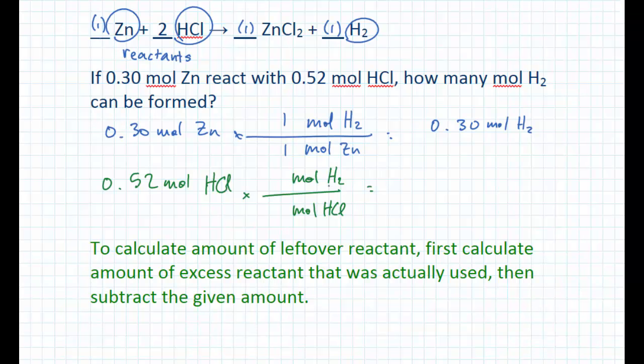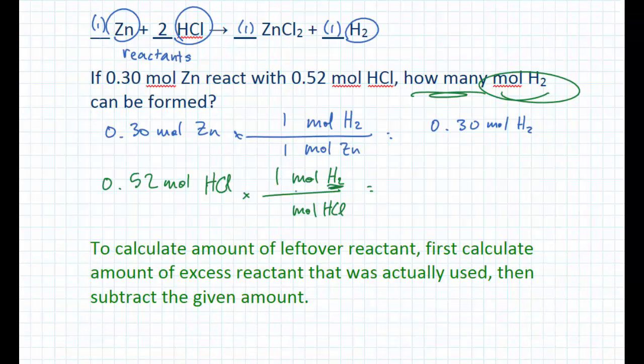Don't forget, you're always ending in the unit of whatever substance it's asking you about. A lot of people sort of get confused by converting one thing into the other reactant, and you start switching things around, and it becomes very confusing. It's totally the simplest to just convert everything into the same product, so you're ending the same place in each of these calculations.